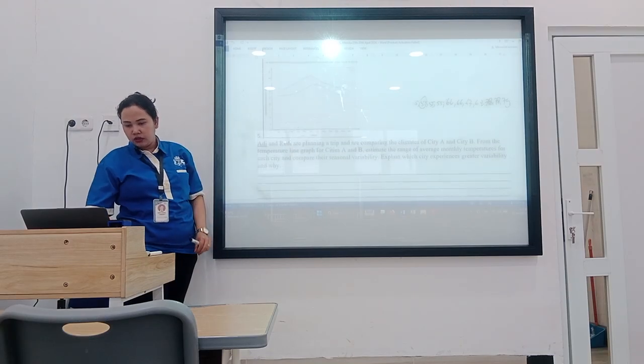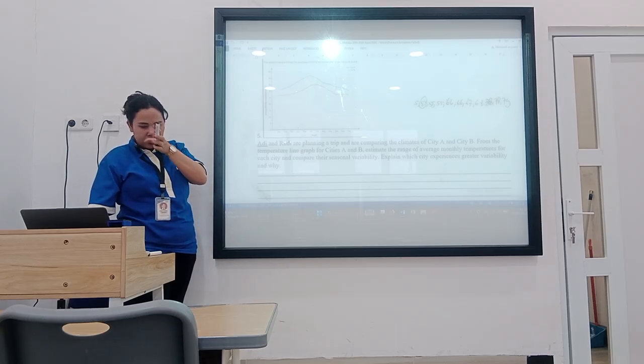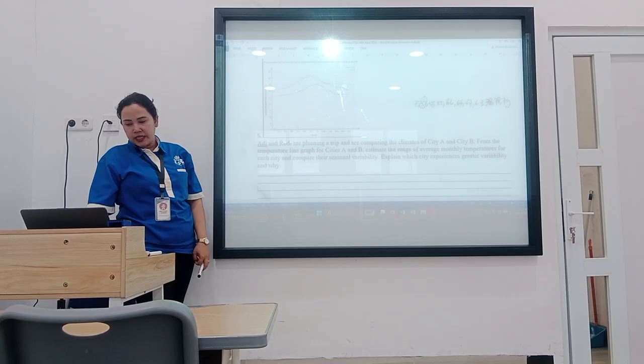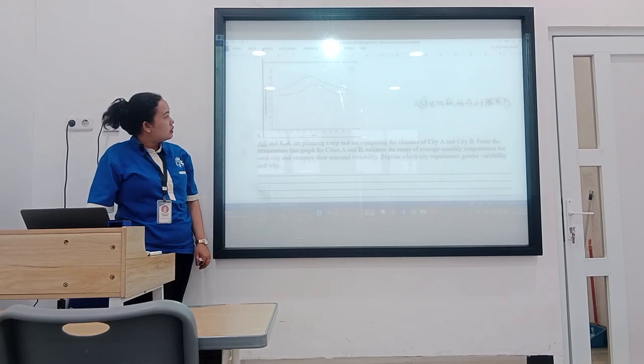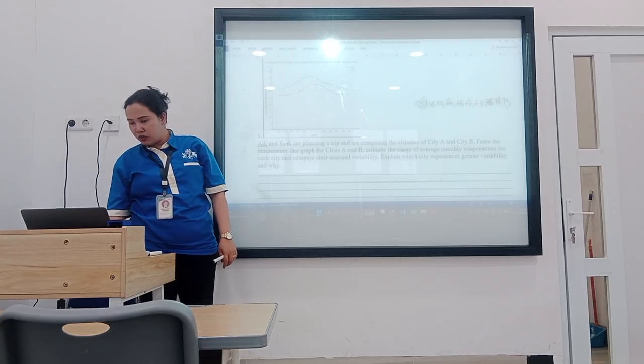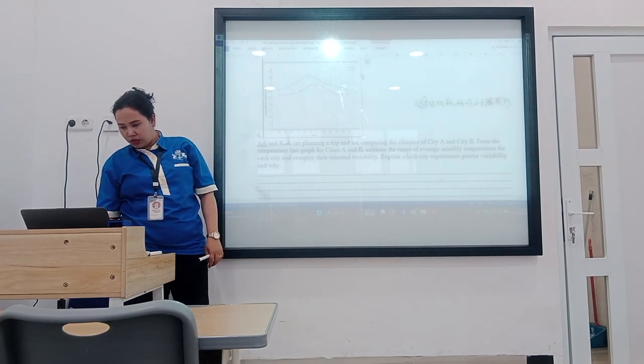Adi and Rudy are planning a trip and are comparing the climates of city A and city B. From the temperature line graph for cities A and B, estimate the range of average monthly temperatures for each city and compare their seasonal variability. It's so small, so I can make it bigger.